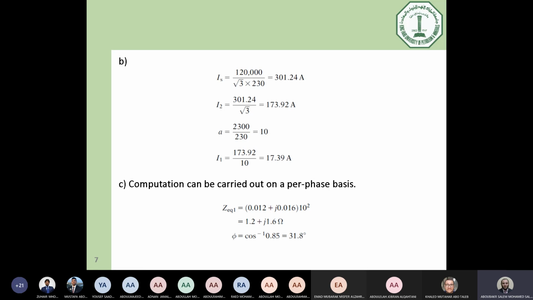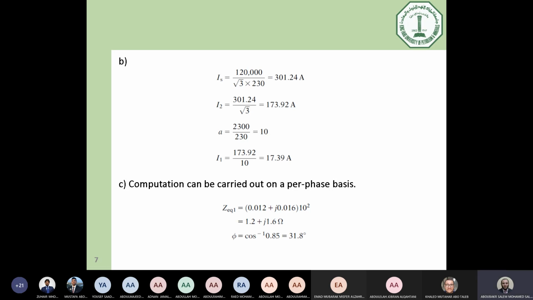Okay, so you are moving from side 2 to side 1, so you should respect the side you are going to. You are going to side 1, so start by N1, which means if you are going to move impedance or voltage from side 2 to side 1, multiply by N1 divided by N2.